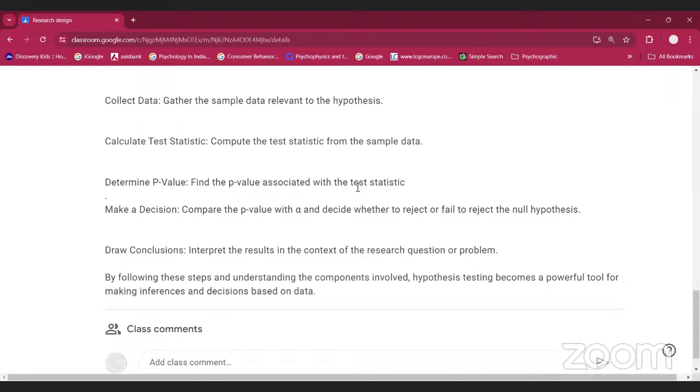What is your decision, Shiv Kumar? Sir, the null hypothesis is accepted, because there is no difference between the two curves.